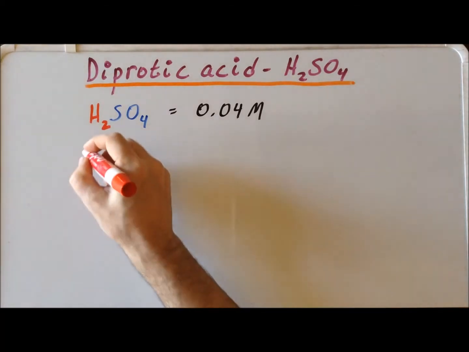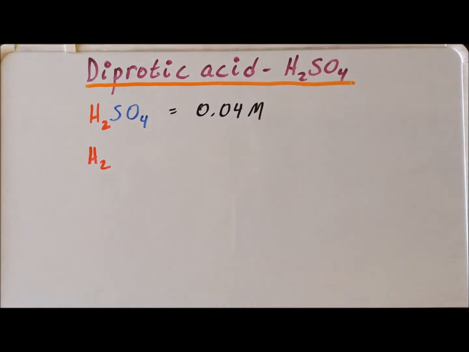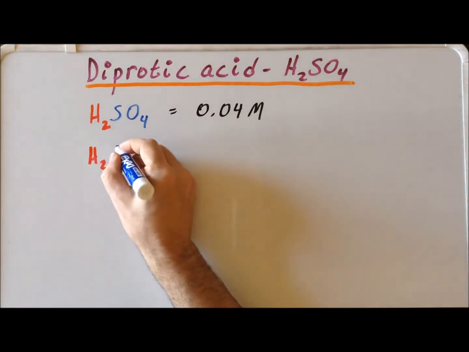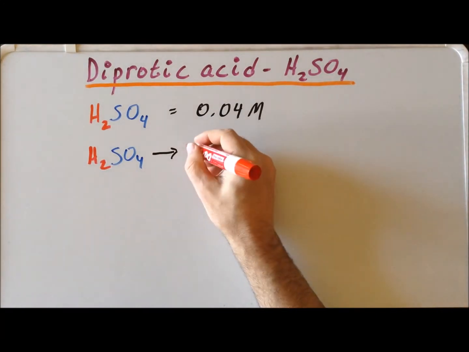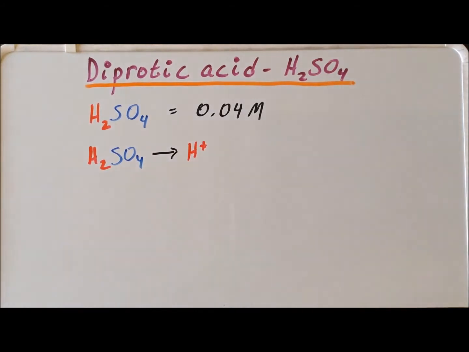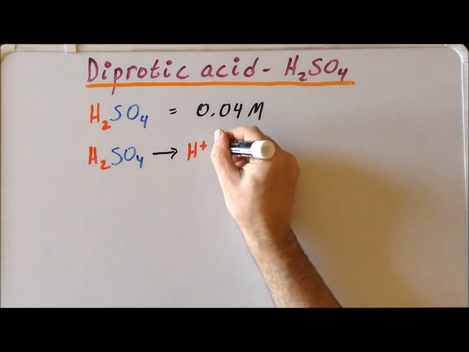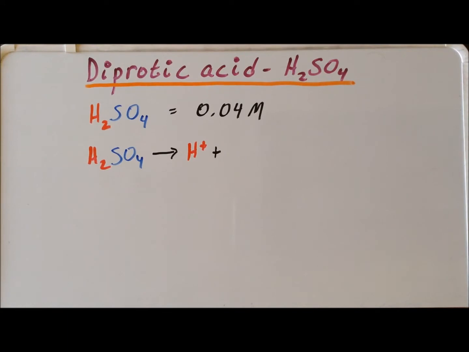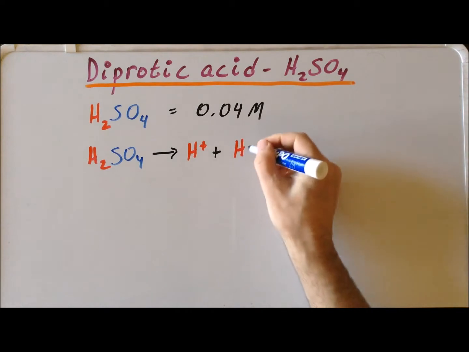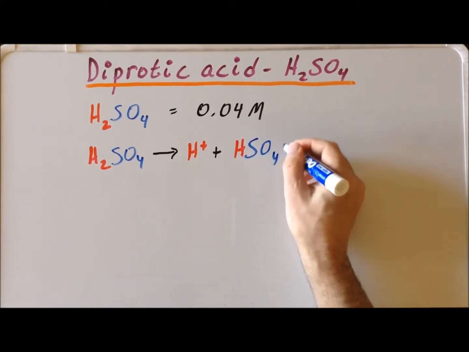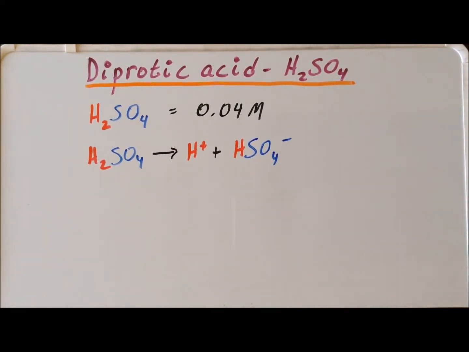In aqueous solution, sulfuric acid first dissociates to give up one proton plus the hydrogen sulfate ion, which is most commonly called the bisulfate ion.